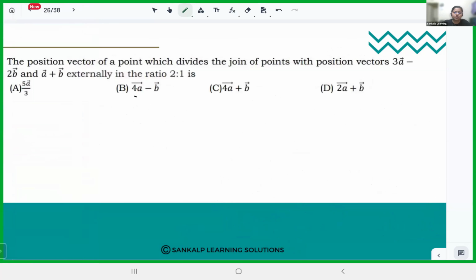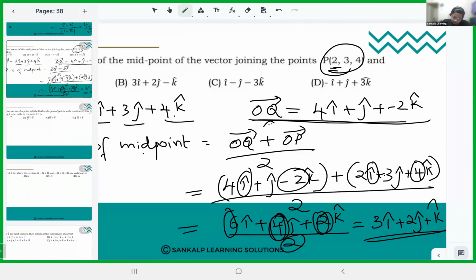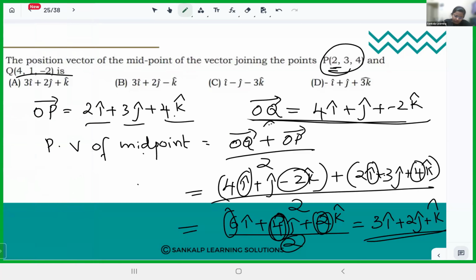The position vector of a point which divides the join of points with position vectors 3a minus 2b and a plus b externally in the ratio 2 is to 1. Here option A is the right answer. I forgot to mention that.